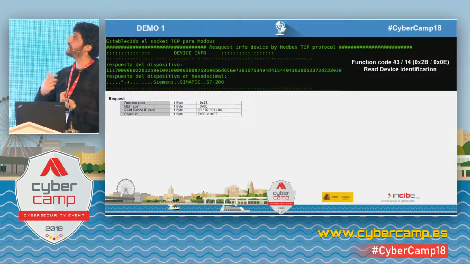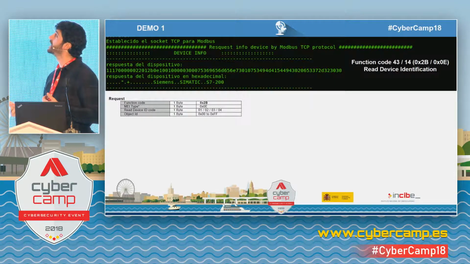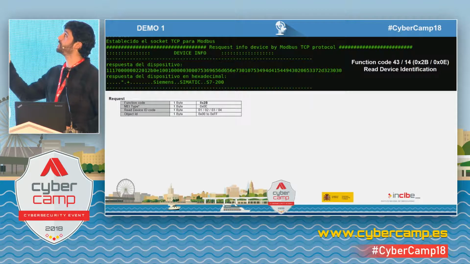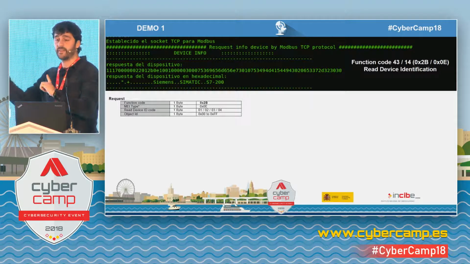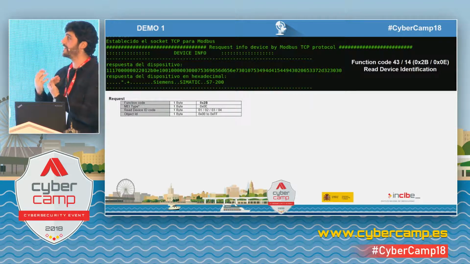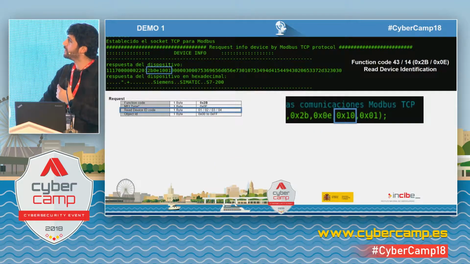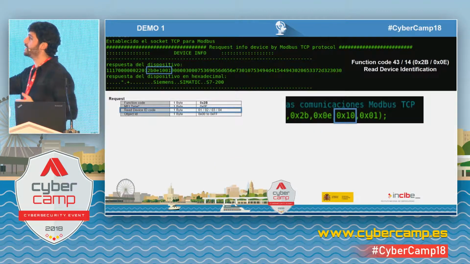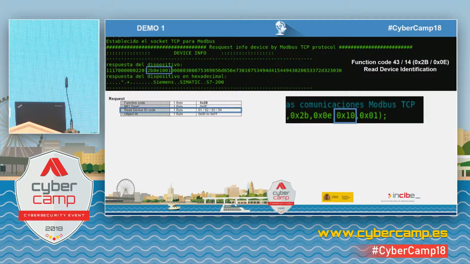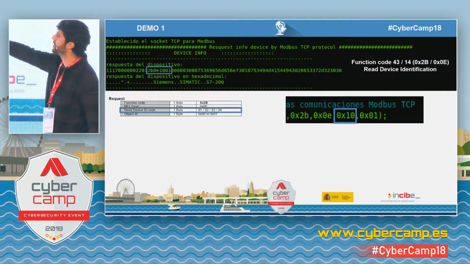And what are we doing at Modbus level? We're sending a code in order to read the identifier of the device. I need to know what device we're speaking about. Why do I know that it's interacting in the wrong way? We're requesting this. We're sending this request.